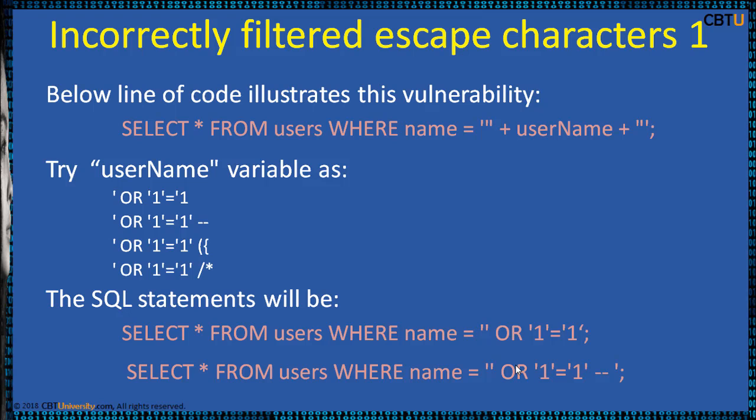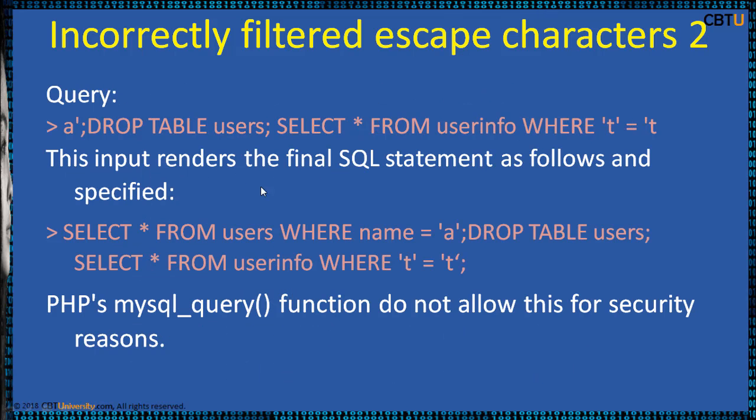Let us see another example. This query can drop the table users, that's deletion of a table, and also retrieve all the data from the user info table. The SQL statement with this input will be select star from users where name equals a; semicolon, that is one statement, and drop table users, that is delete, and this is the next statement.